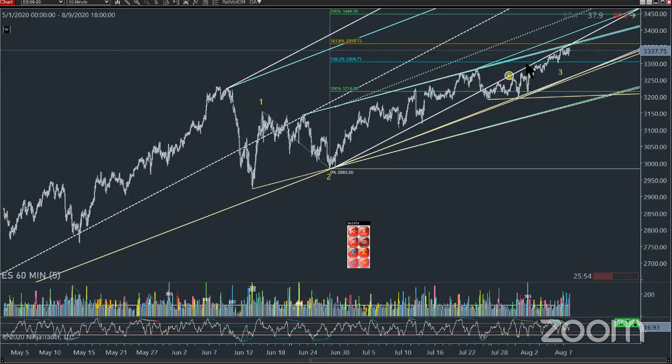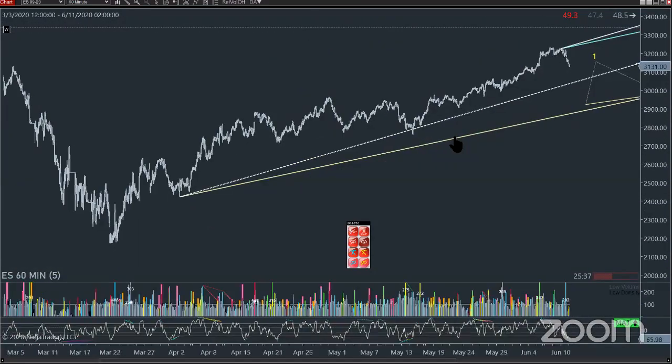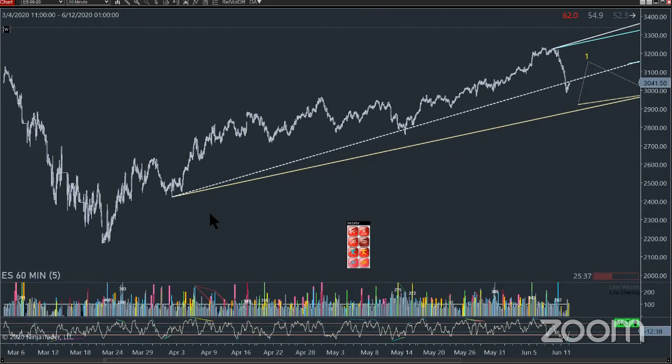Probably have a shallow short wave 4, and then go on up to break the highs, which I'd say we're probably pretty close to doing right now. So if that's 1, 2, 3, 4, 5.